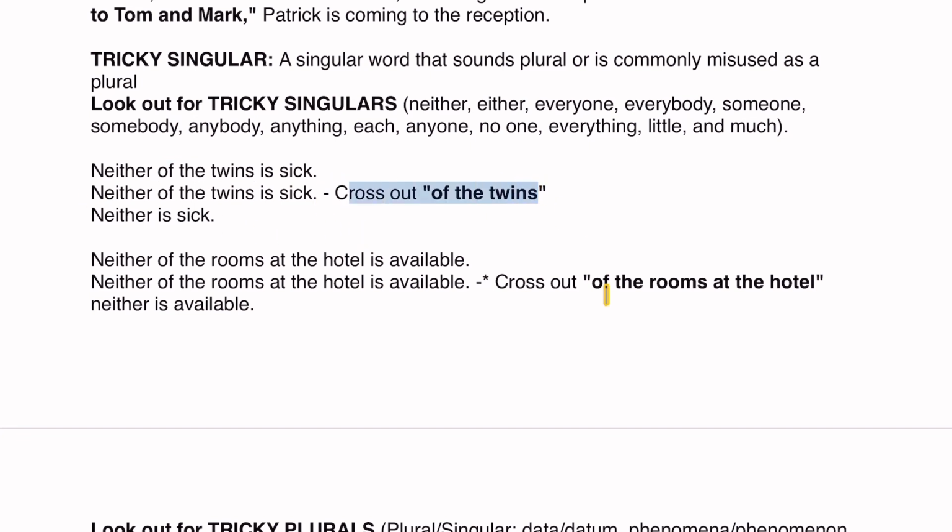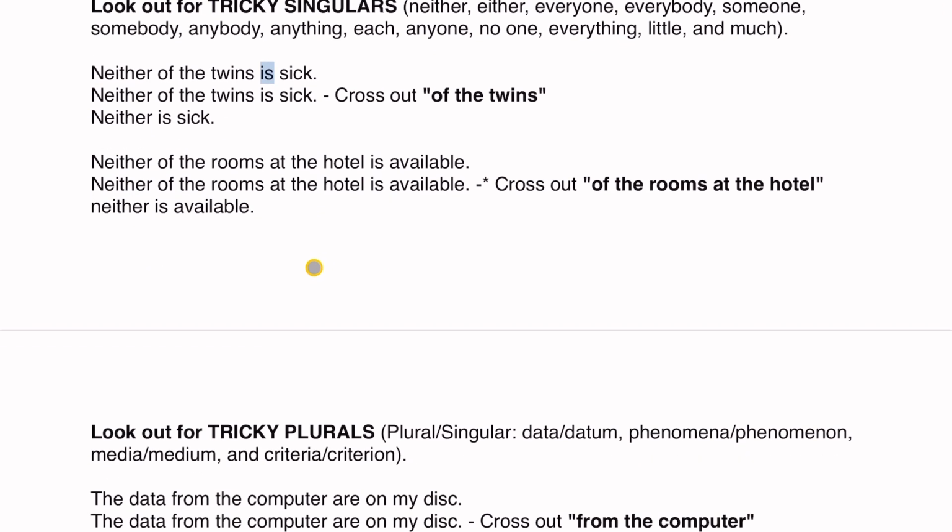Cross out of the twins، الغيها، هتلاقي السبجكت بقى neither. دي زي ما قلنا singular، tricky singular. يبقى is و neither are correct agreement. يبقى neither is sick كده الجملة. يعني of the twins دي ملهاش علاقة بالجملة. لا ملهاش علاقة بالجملة، دي prepositional phrase، حاجة إضافية عشان تلخبطك وتخليك تكتب are بدل is وما تاخدش الدرجة.